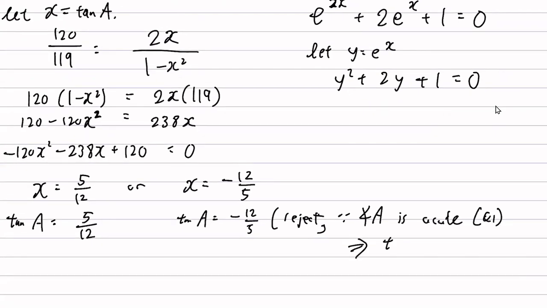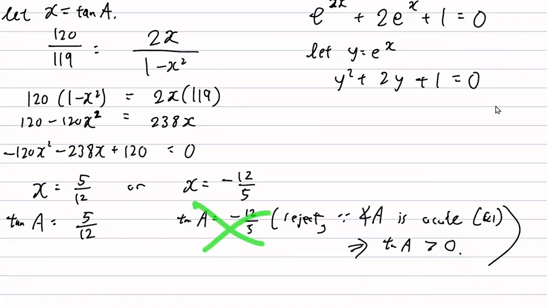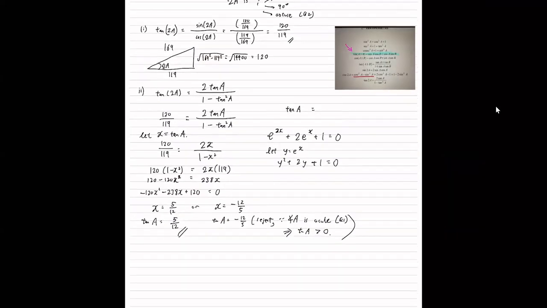Therefore reject. Yes, correct. Angle A is an acute quadrant 1 angle, so tangent A should be positive, more than 0. It contradicts with a negative value, so you have to reject the contradiction. Out. In. Answer. Okay, so that's how you solve it.